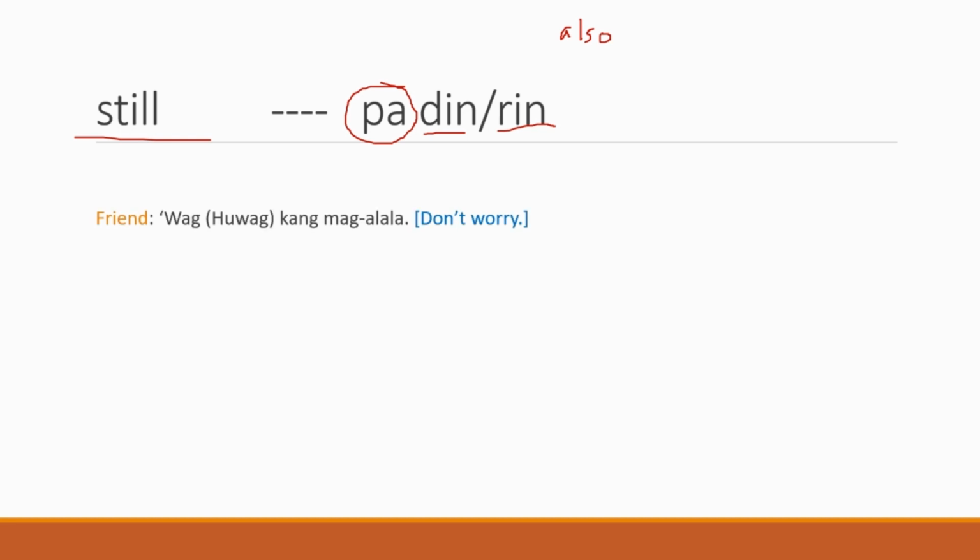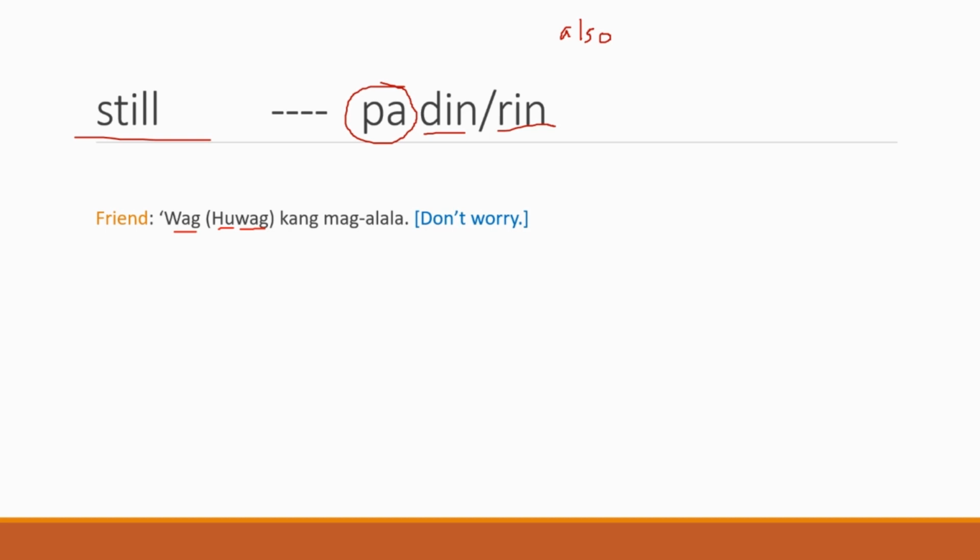For example, your friend will say, "Don't worry." And in Filipino, it is, "Huwag kang mag-alala." Wag is the contraction of the word huwag. Huwag, or just wag. And that means don't in English.